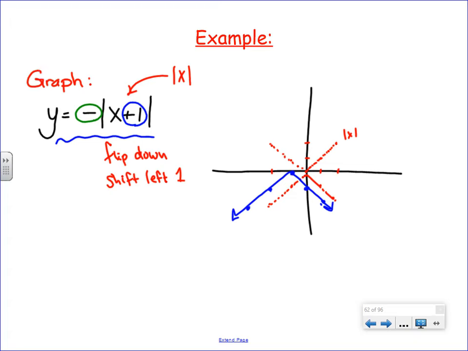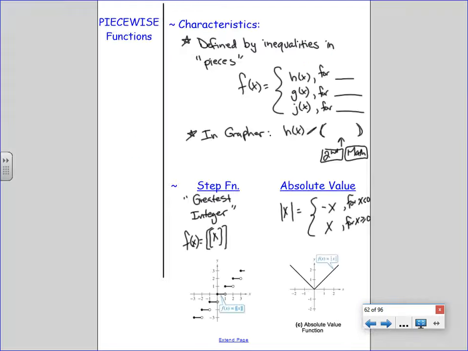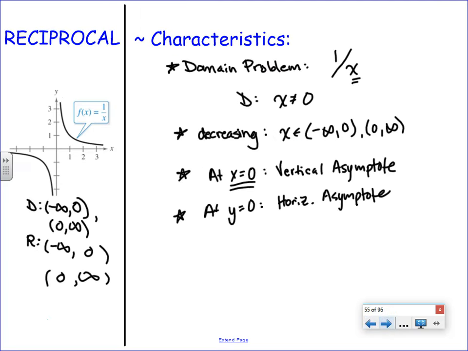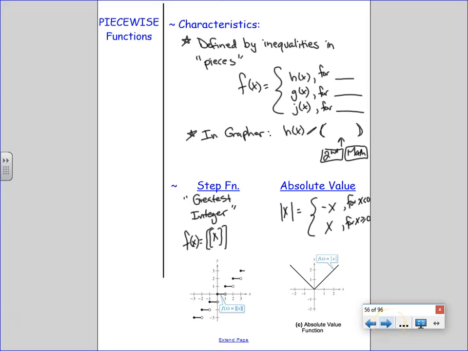Yeah, but how did you know how to graph? Back from section 1.6, if we were to go back, I think absolute value, wasn't he one of ours? Oh, he was the last one. There he is.